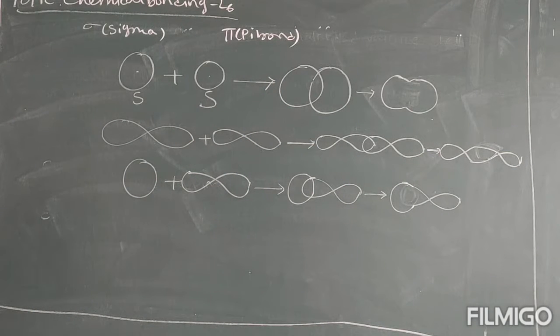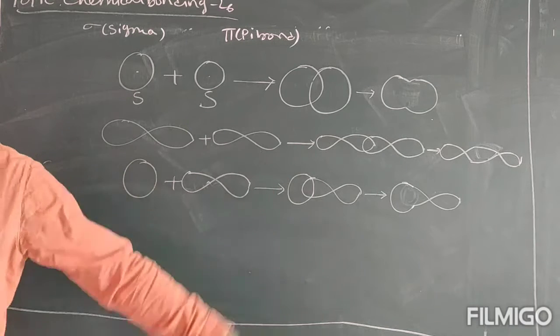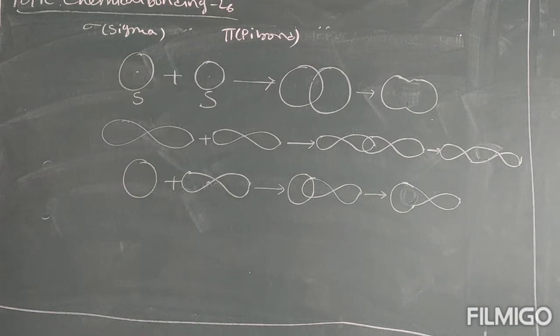The overlapping of the orbitals will be along the internuclear axis, so it is called the sigma bond.